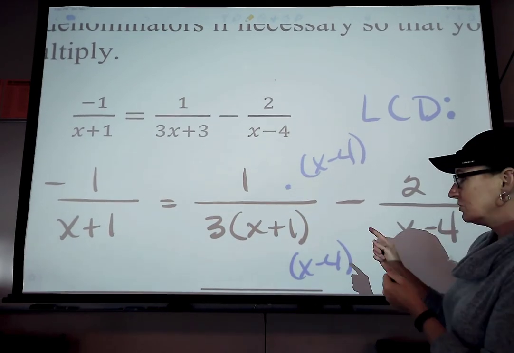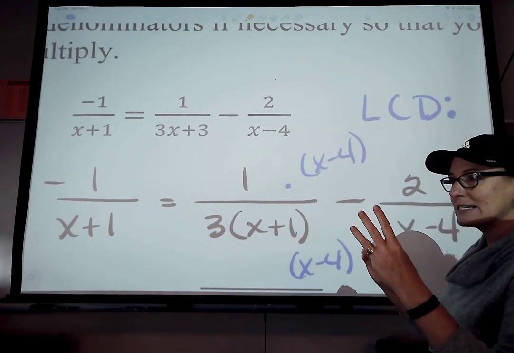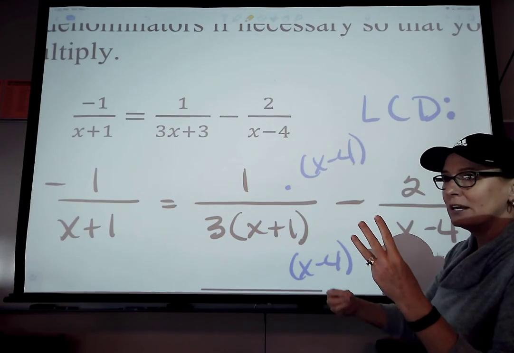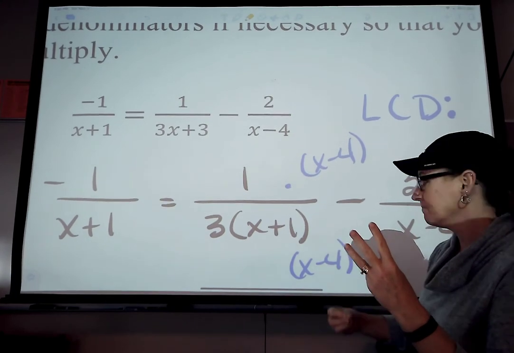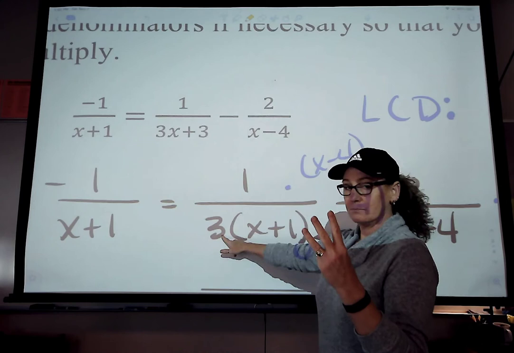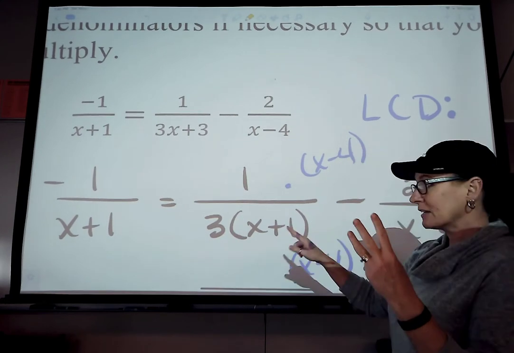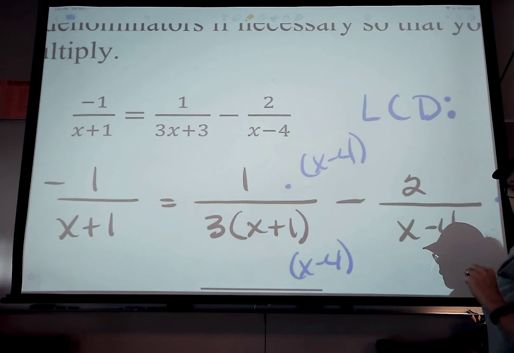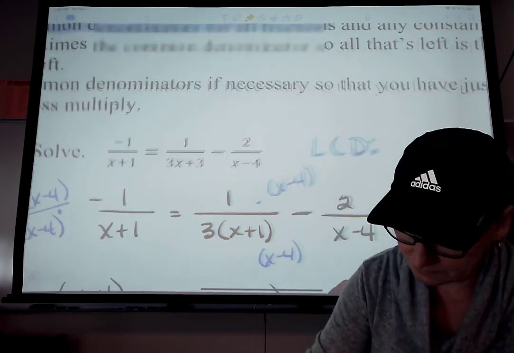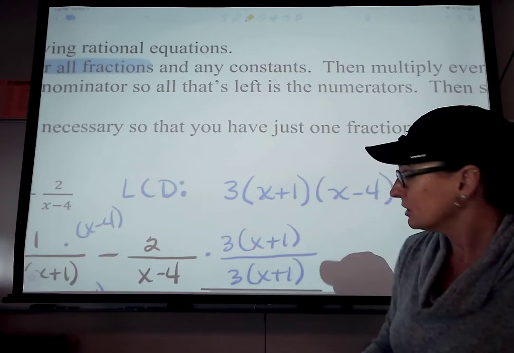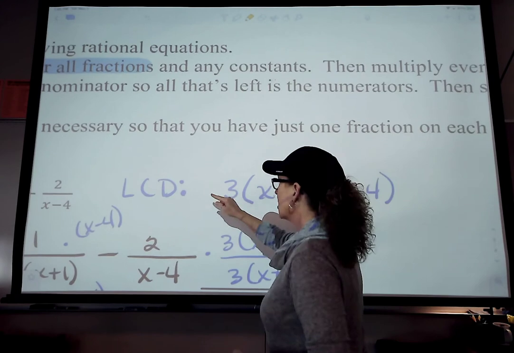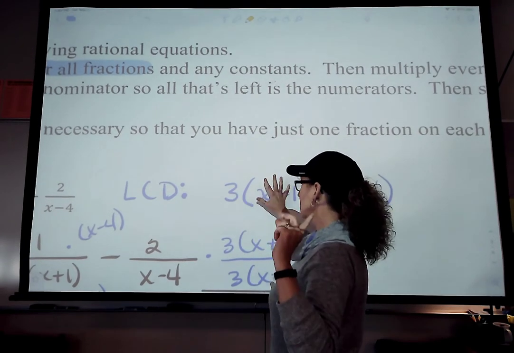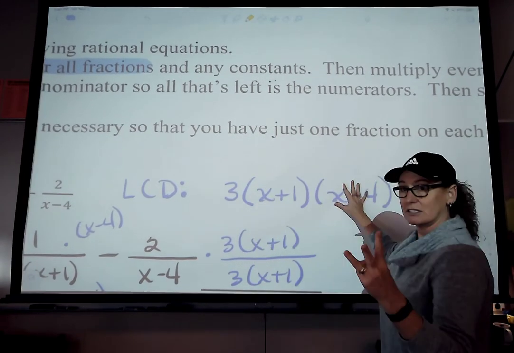I see 1, 2, 3 different pieces that need to be included in what's common. They all need a 3. They all need an x plus 1. They all need an x minus 4. So my lowest common denominator has to be the 3, this quantity, and this quantity.